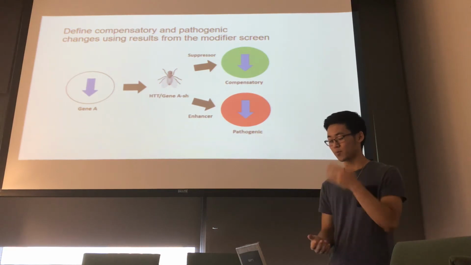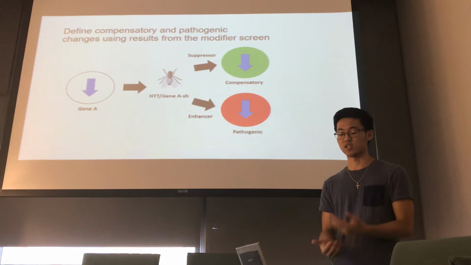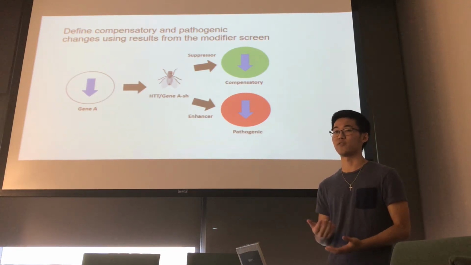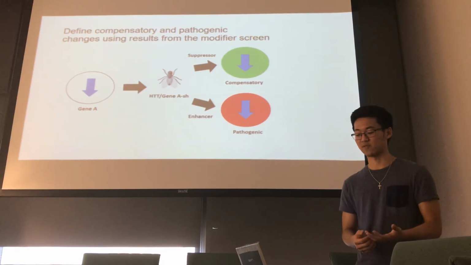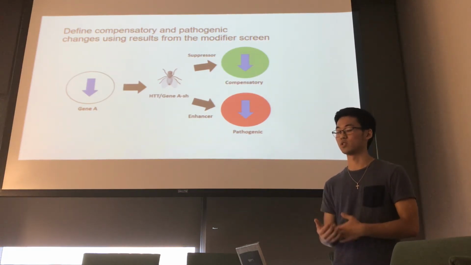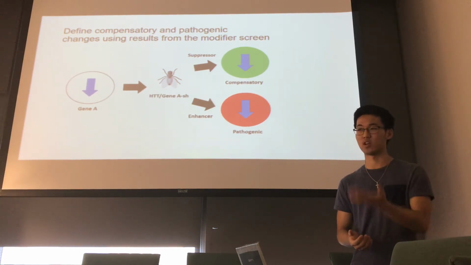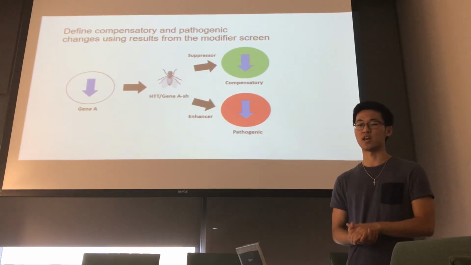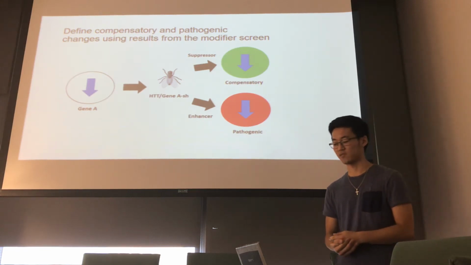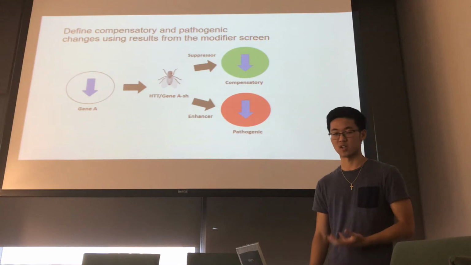If the gene is downregulated and we further downregulate it using our shRNAs and the flies show a better phenotype, that gene could be classified as a suppressor, meaning that it suppresses the phenotype associated with Huntington's. Or if a gene is downregulated and it shows a worse phenotype, we can classify that gene as pathogenic, meaning that it is part of the pathogenesis of Huntington's.